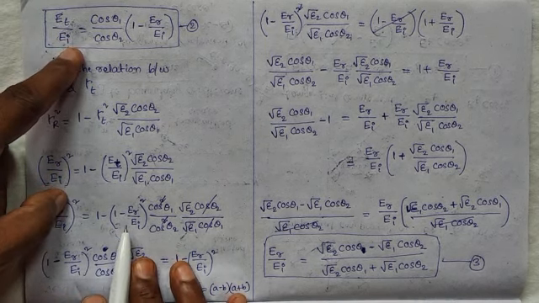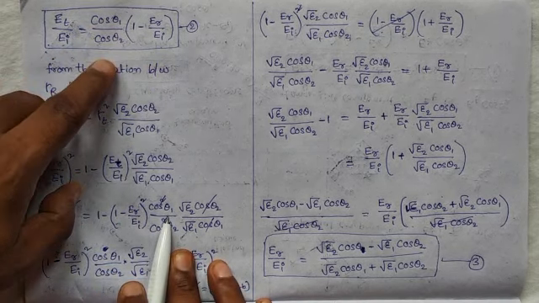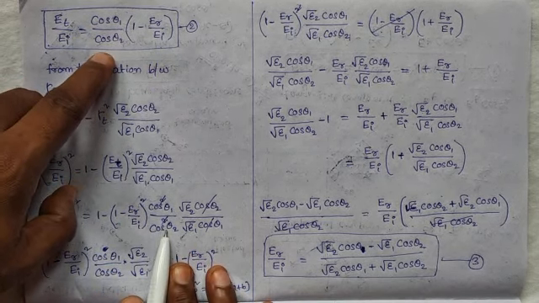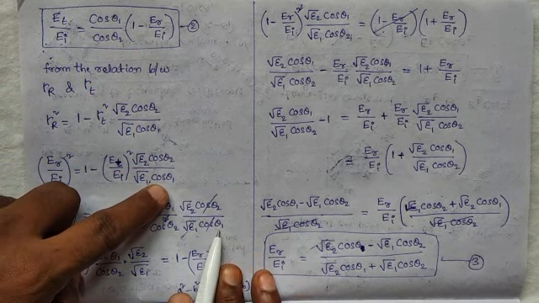Here 1 minus ER by EI whole square, cos square theta 1 by cos square theta 2, into root epsilon 2 cos theta 2 by root epsilon 1 cos theta 1.